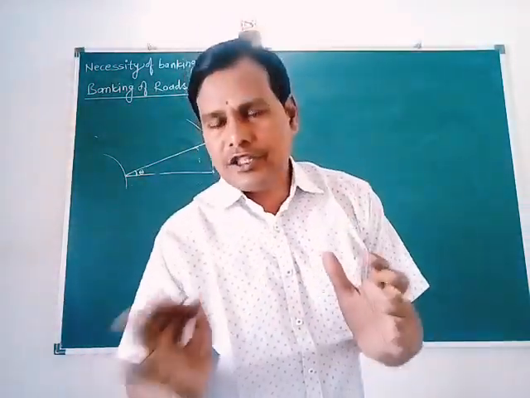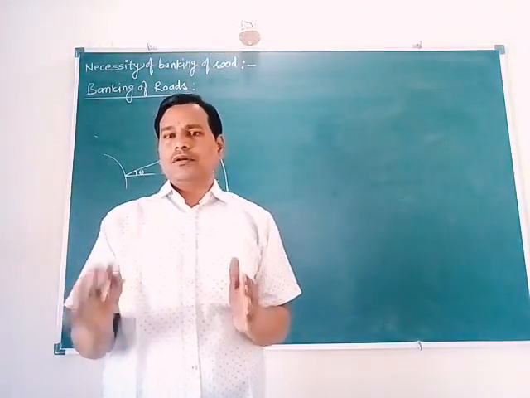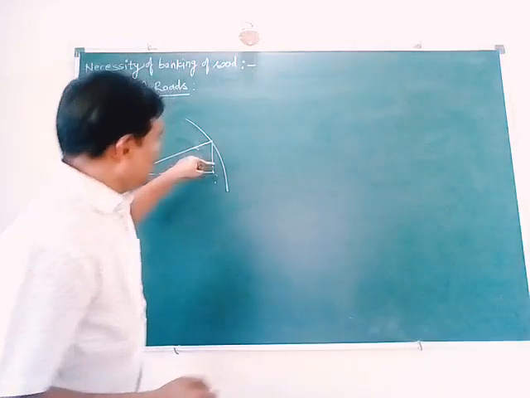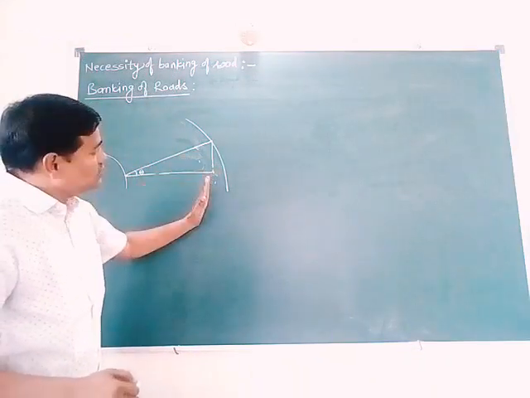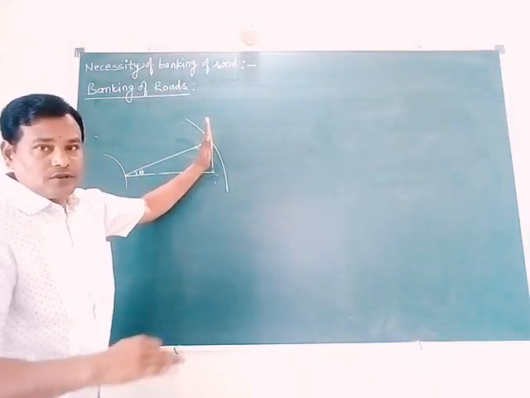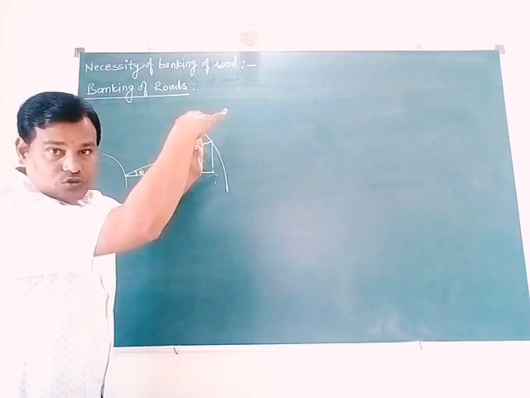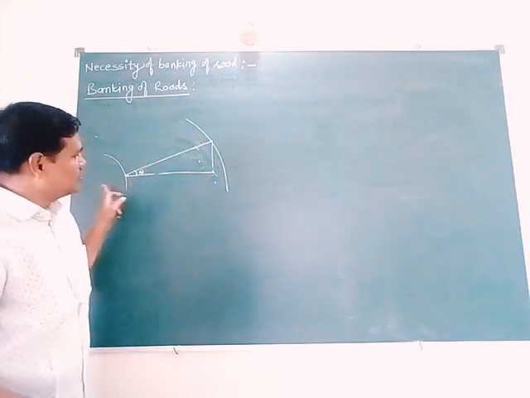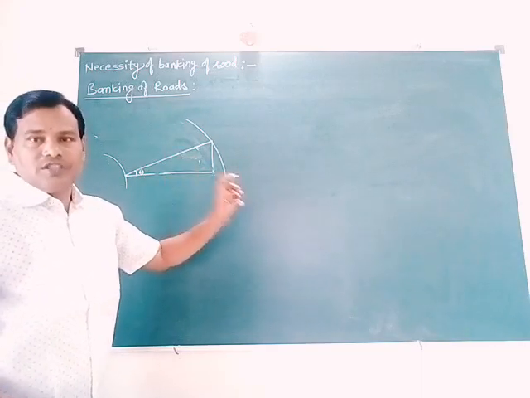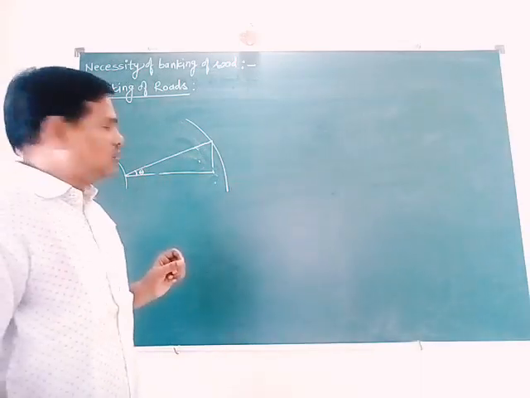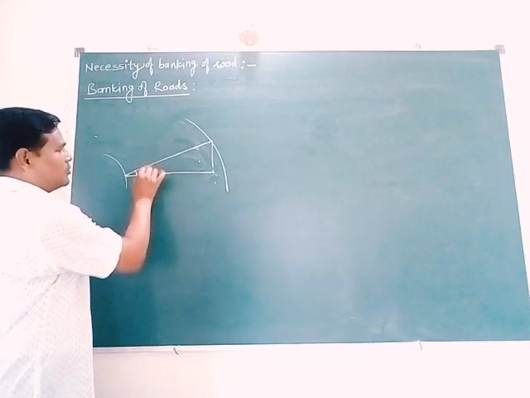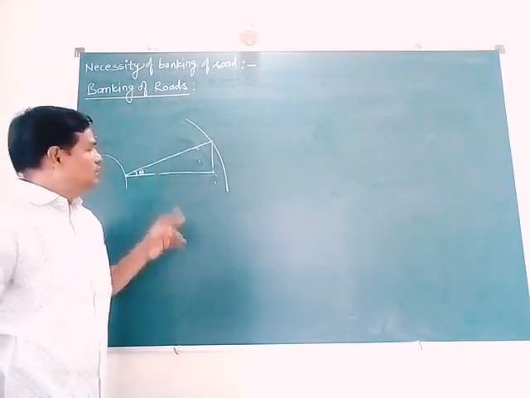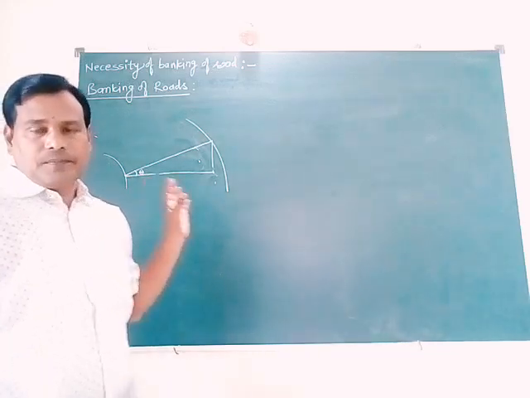It is just the arrangement of the surface of the road at the turn or curve in which the outer edge of the surface is raised, its level is increased to a certain height, so that it makes a certain angle with the horizontal surface. This arrangement is called banking of road, and the angle between the horizontal surface of the road and the inclined surface of the road is called the angle of banking.